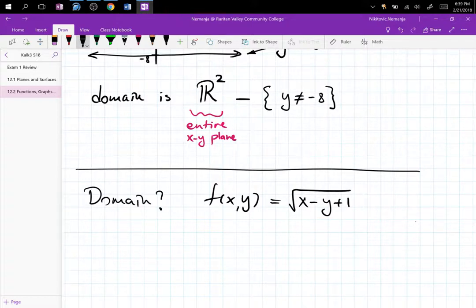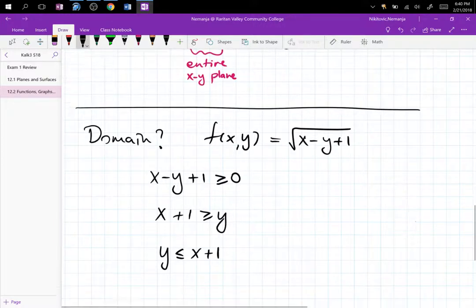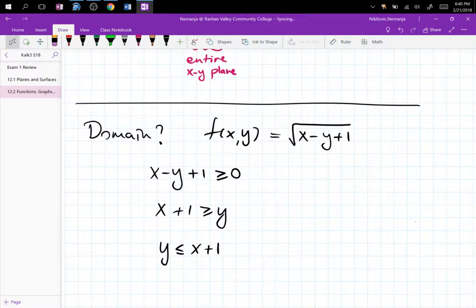So to find the domain, we're going to say that x minus y plus 1 needs to be greater than or equal to 0. That's the only requirement. And now you work this out. You move y to the other side. You get x plus 1 greater than or equal to y. And then you just write it as y less than or equal to x plus 1.